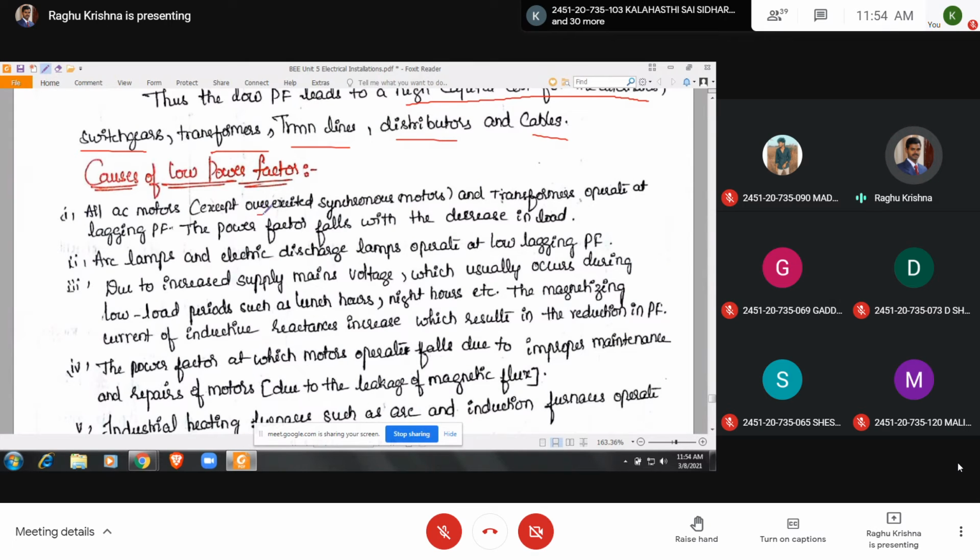This will be studied by triple E students. All AC motors and transformers operate at lagging power factor. Now here the power factor falls with the decrease in load.